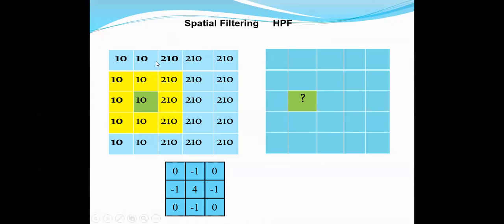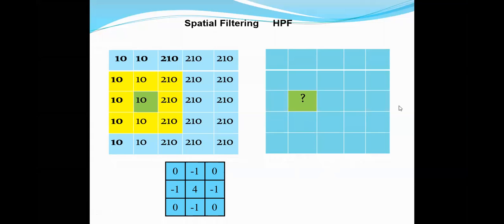Applying a mask means taking the two-dimensional convolution of the filter coefficients with the image area under the mask. Simply multiply 10 with 0, 10 with -1, then 210 with 0, and continue the process, then add all these products and tell me your final result. Please type your answer in the chat box.